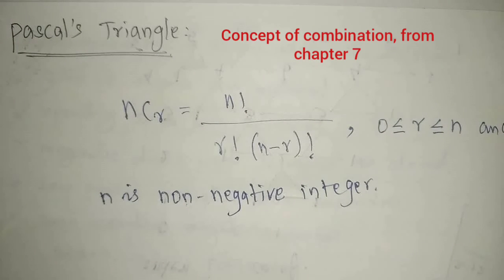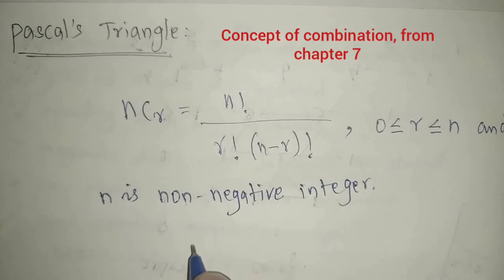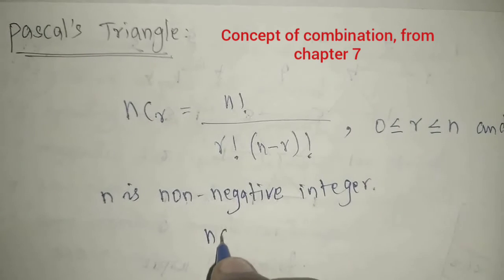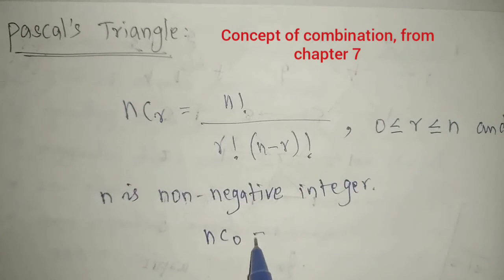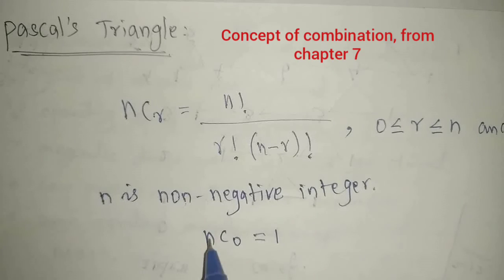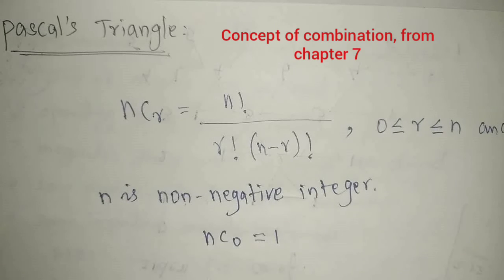And you have to see one value when you substitute the r value and n value. Listen carefully, this is very important. nC0, when you substitute r equal to 0, it is always equal to 1. Whatever n is, suppose 1, 2, 1000, whatever is there, C0 means you have to give 1 directly.